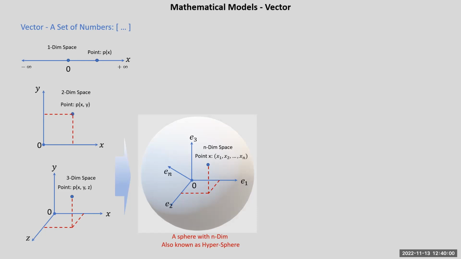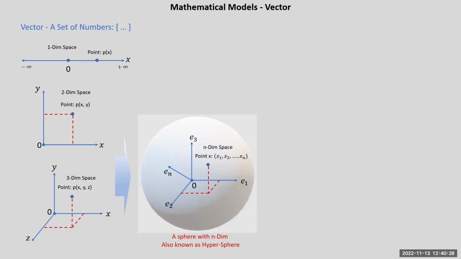Now here, a point is represented with n coordinates, which are called x1, x2, xn. So x1 is a distance from origin on E1 axis, x2 is distance from origin on E2 axis, and so on. So here, the concept of radius and angle can be extended similar to two-dimension and three-dimension space.